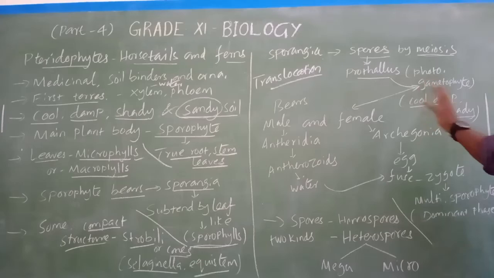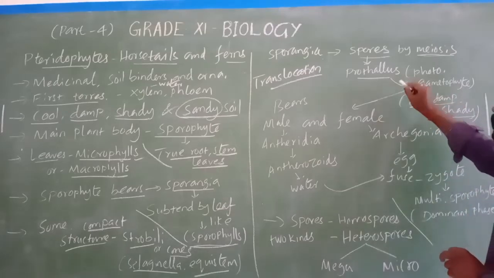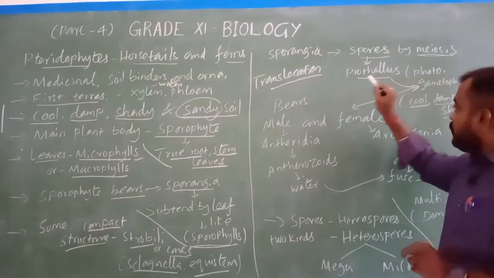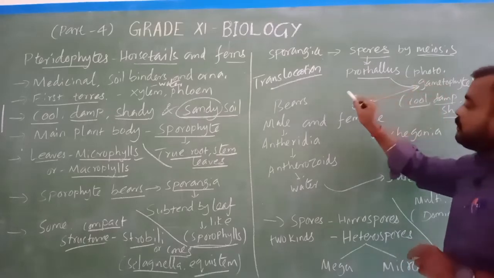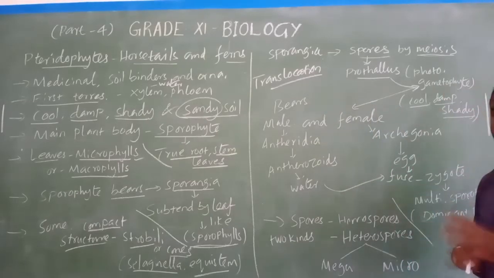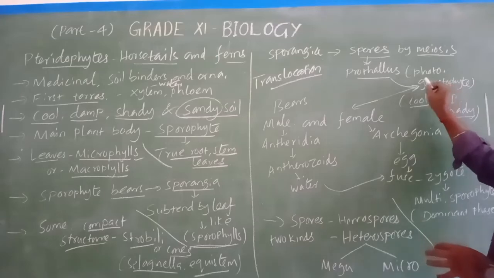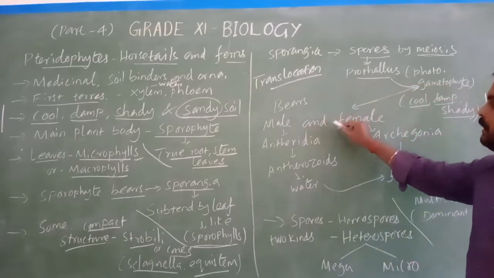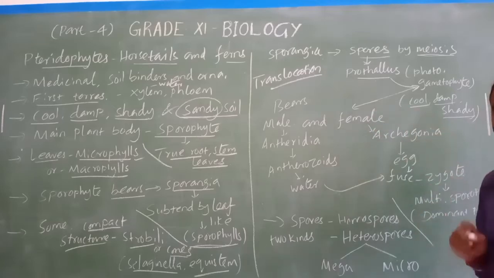The prothallus is a photosynthetic multicellular gametophyte. In the gametophyte we have male and female reproductive organs. So the gametophyte bears male and female reproductive organs.